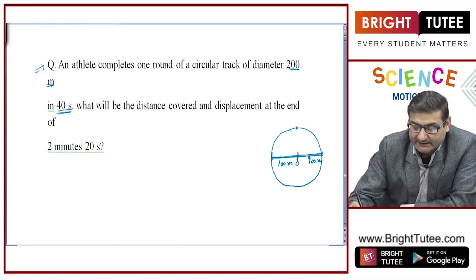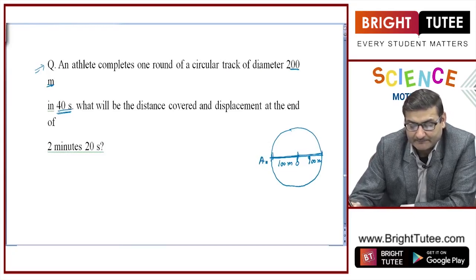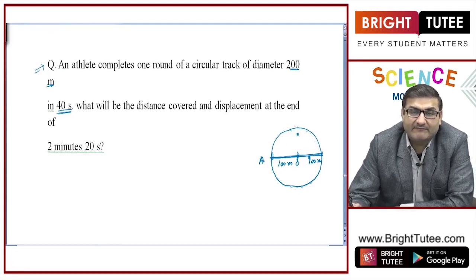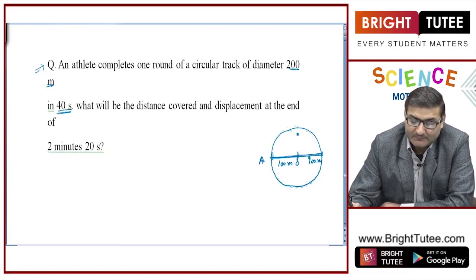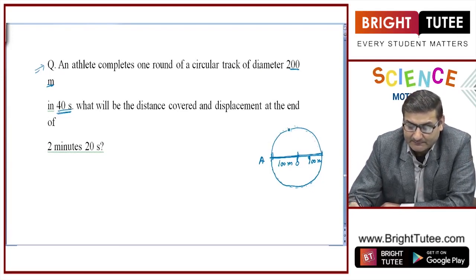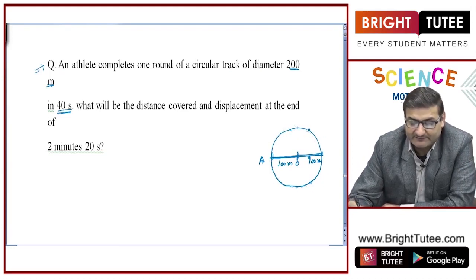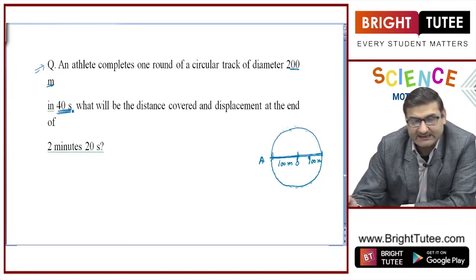Now, let us say that the athlete started from this point A and he went along the path of the circular track, what we call the circumference of this circle, and he is completing one complete circumference in 40 seconds.